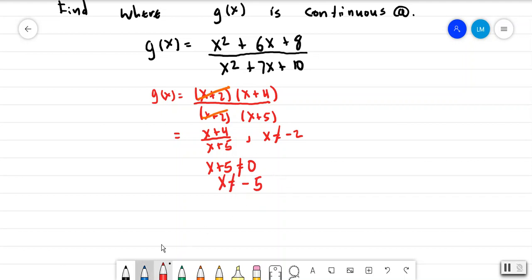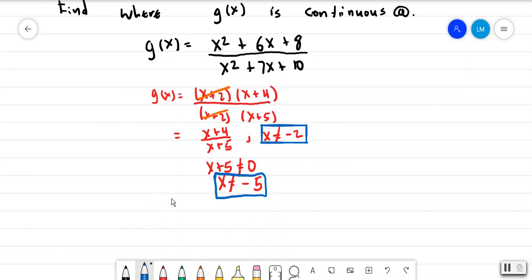So we have basically two restrictions: one at negative 5 and another at negative 2. What this tells me is that g is continuous at all real numbers except when x is equal to negative 2 and when x is equal to negative 5.